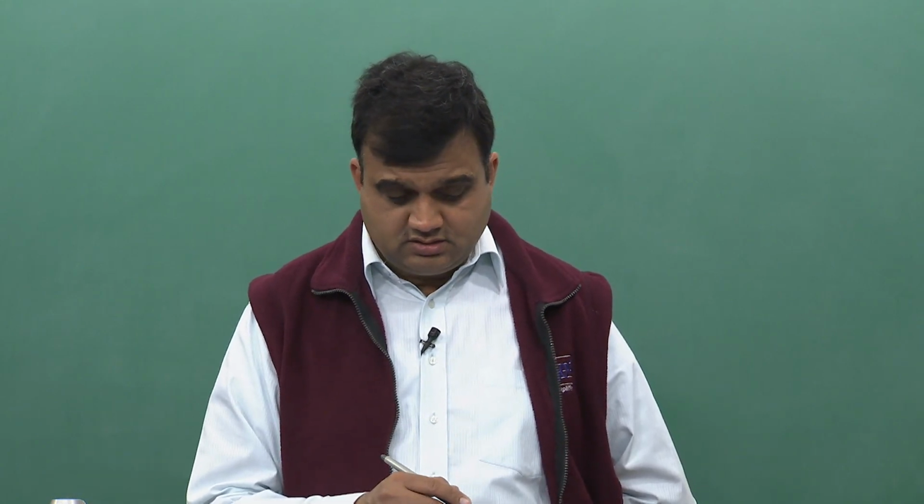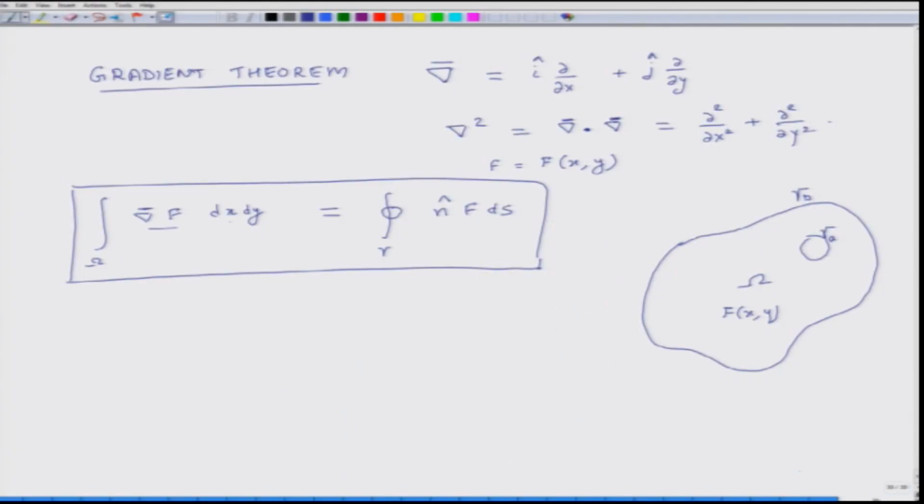If I integrate these gradients over the whole domain, that integral is equal to this function on the boundary. S represents a small portion of the boundary. So, this is my ds, and the normal is this.